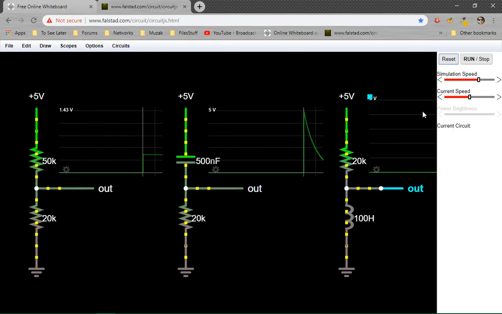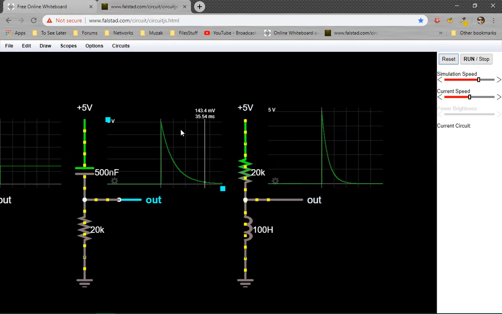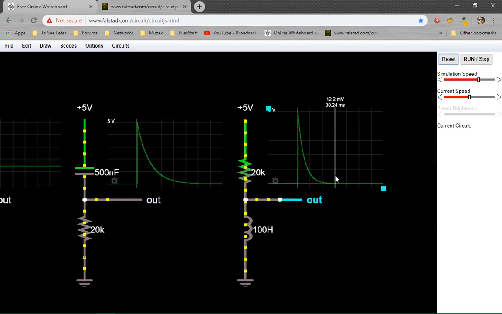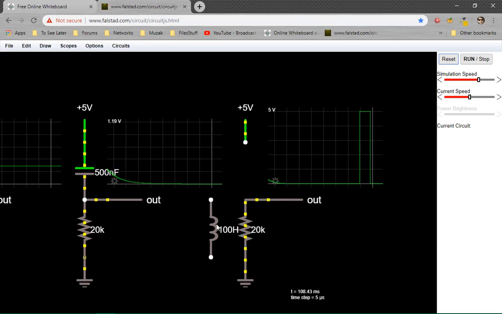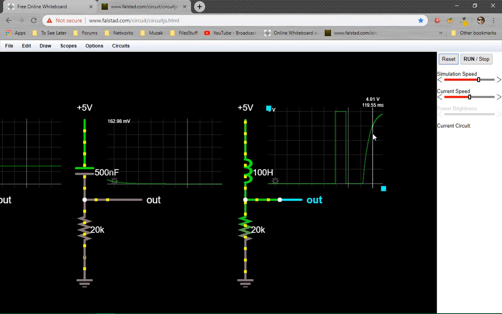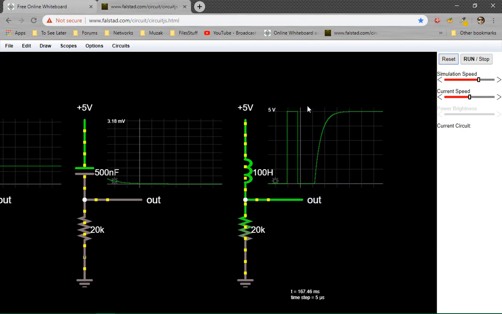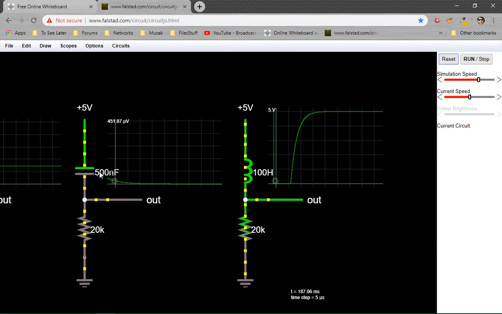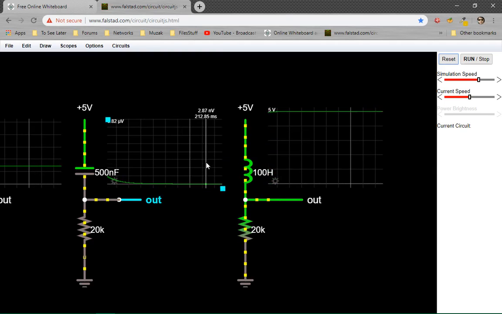And as you can see, let me put this into frame. Alright, it will reverse the behavior. Cool, huh? And likewise, the inductor can be reversed to do a capacitor-looking thing. So capacitors and inductors are really the same thing, just working in reverse.